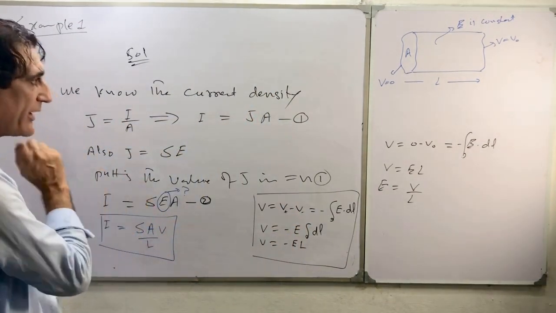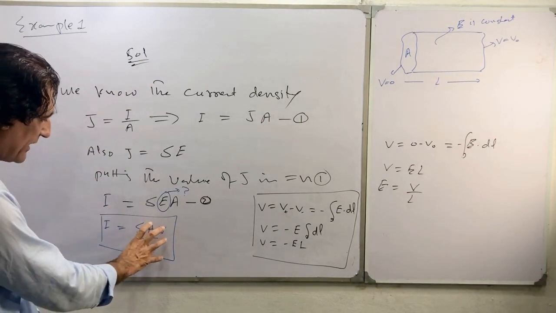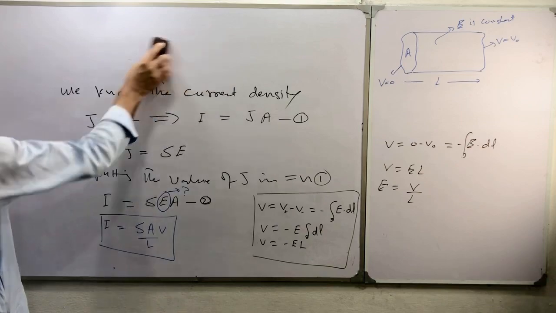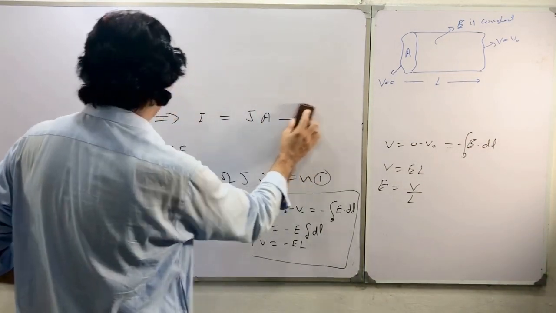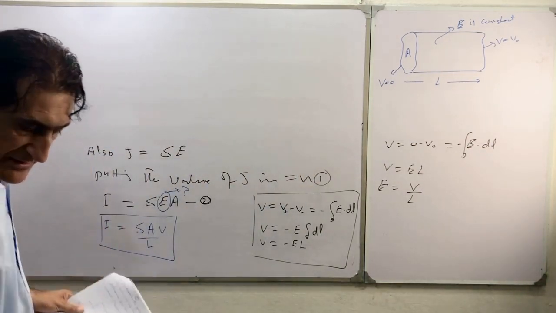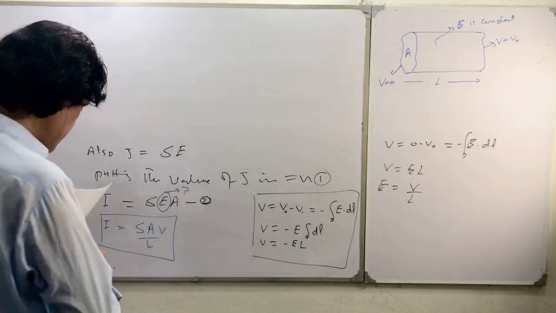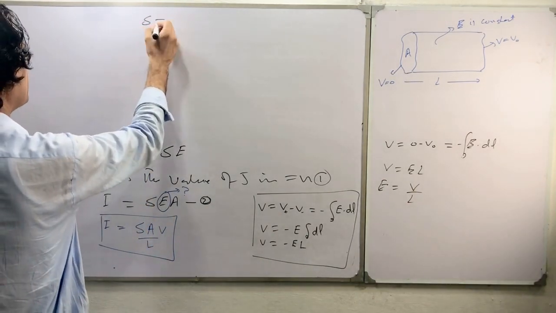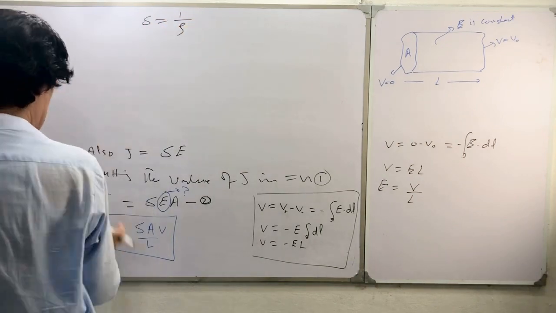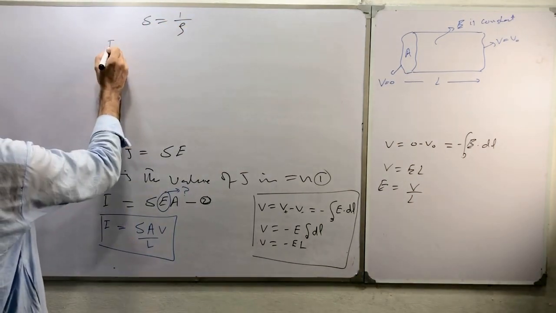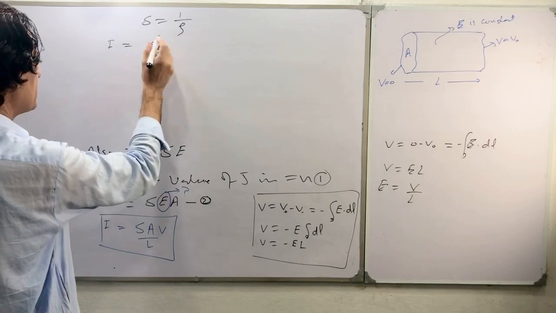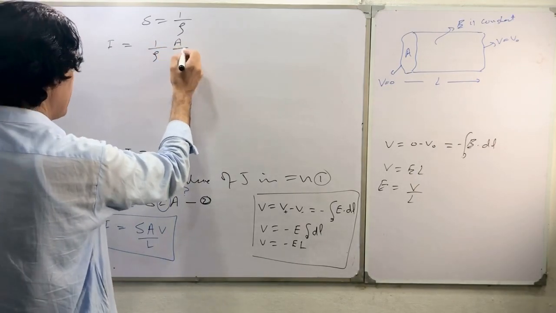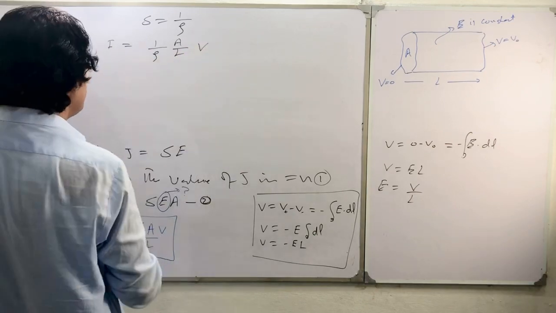But now I want to write this in another form to show some other things. Because sigma is equal to 1 over rho, I write I equal to 1 over rho times A divided by L times V.